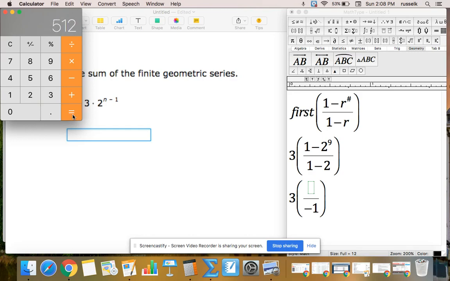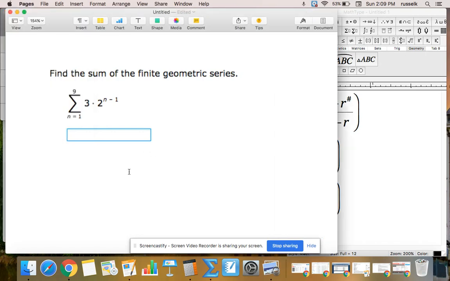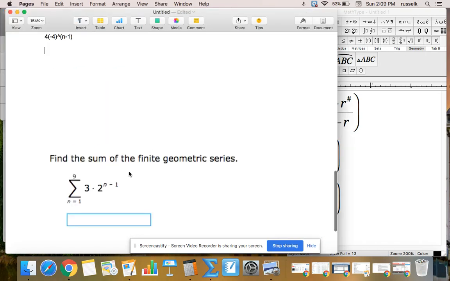So we get 512. Take 1 minus that, it's going to be negative 511 on top. Divide that by negative 1, which gives me 3 times 511. That gives me 1533 for our final answer.